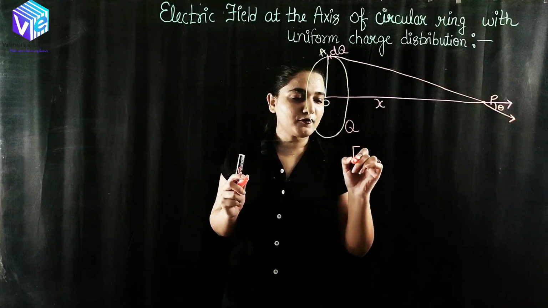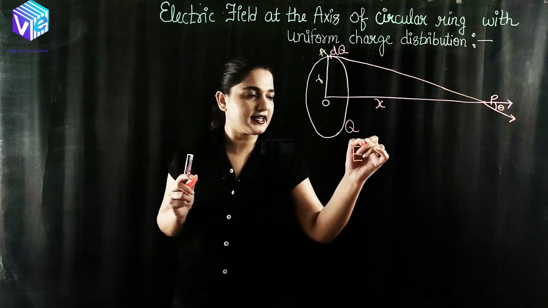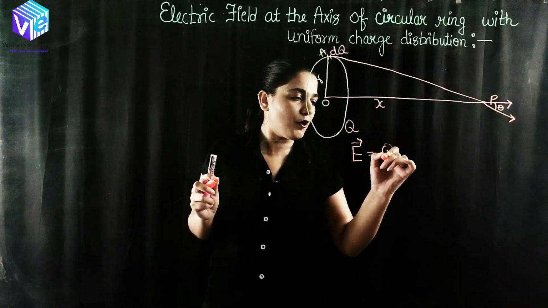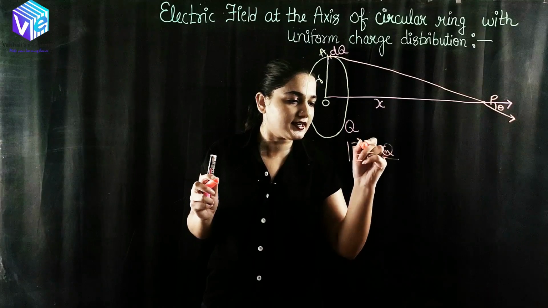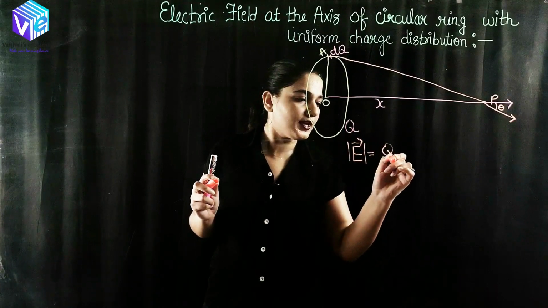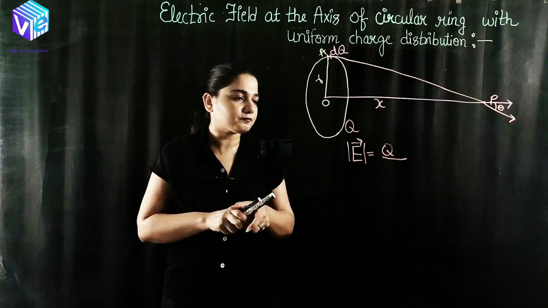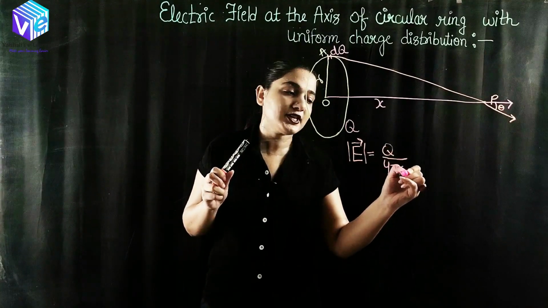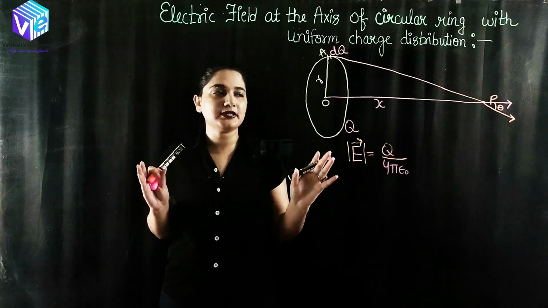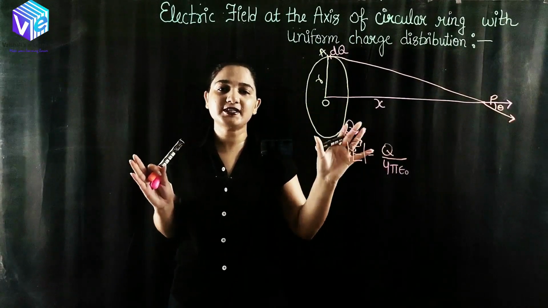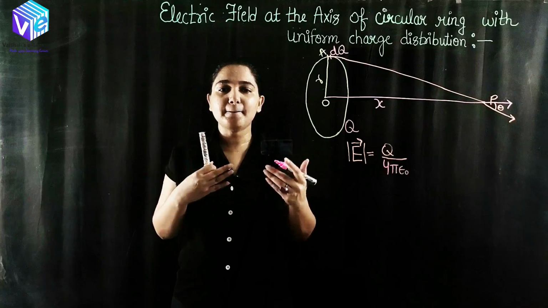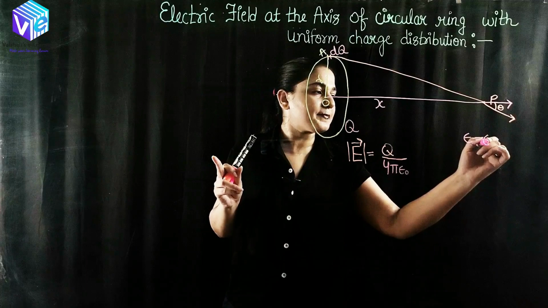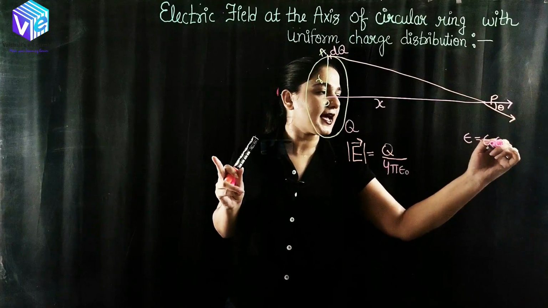So what was the formula of electric field intensity? I am just considering the magnitude. Here we have Q upon 4 pi epsilon naught. Why am I taking epsilon naught? I am supposing that here we have free space. Whenever we have some medium, I will be using epsilon, which is equal to epsilon naught into epsilon r.